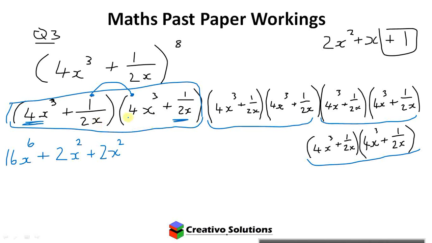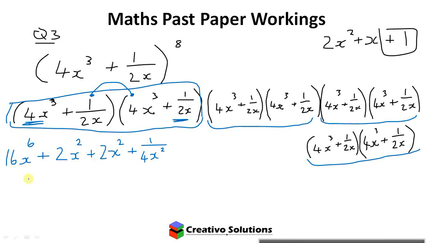Right, then the last bit is the end terms. I've multiplied the first on the first, the outers with the outers, the inners with the inners, now the last terms. So 1 over 2x times 1 over 2x is what? 1 over 4x squared.